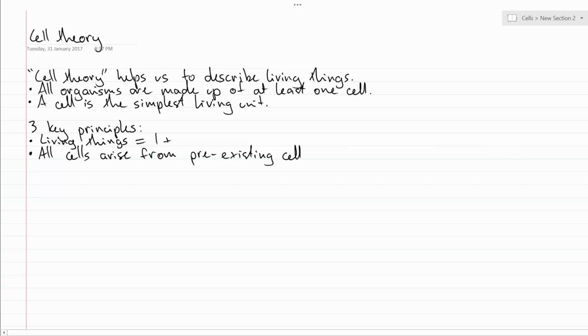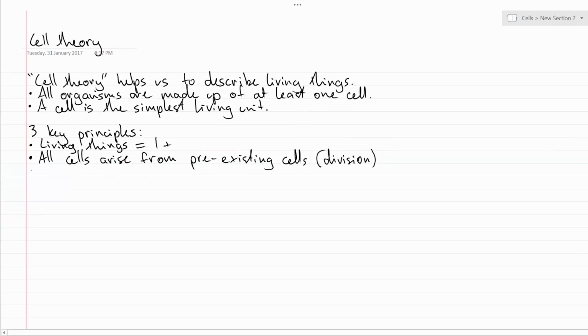So in order to get a new cell, we must have an old cell in the first place which can divide, so this occurs as a result of division. If we are to get a new cell, it must come from the dividing of an old cell. We can't just create cells out of thin air. They must come from an original cell in the first place, which is divided.